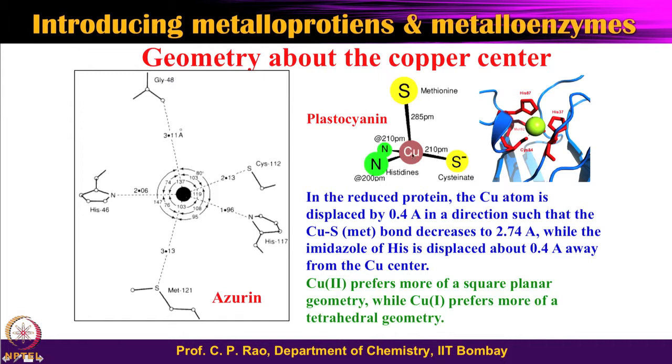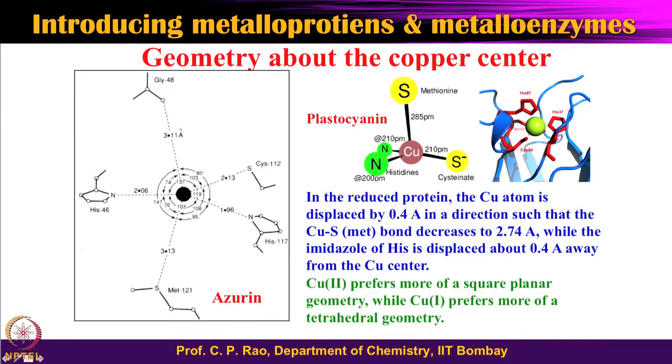Now, when you go to the reduced protein, the crystal structure is known, and this distance is brought down from 2.85 to 2.7475, this is moved a little bit farther away, and this is a little bit dropped, and this is moved a little bit towards this. So there is a lot of change in the geometry, and these are connected to the protein.